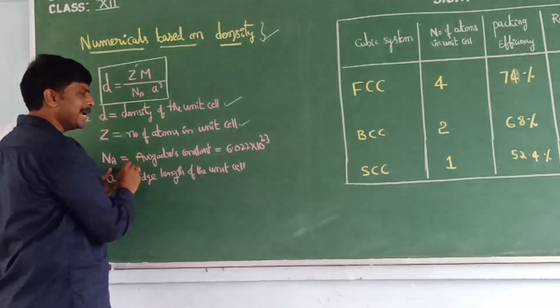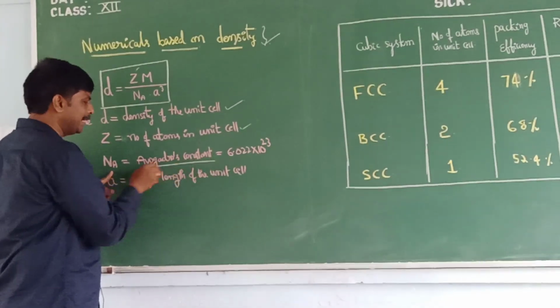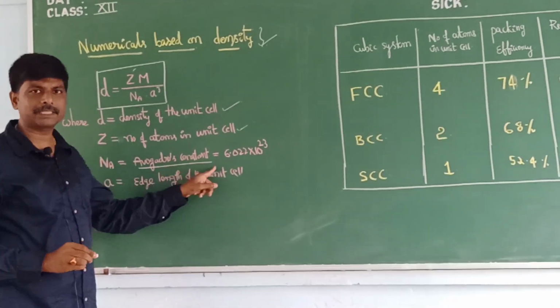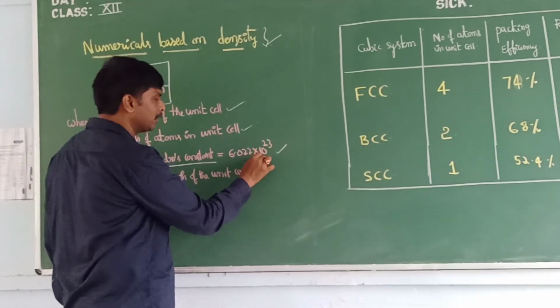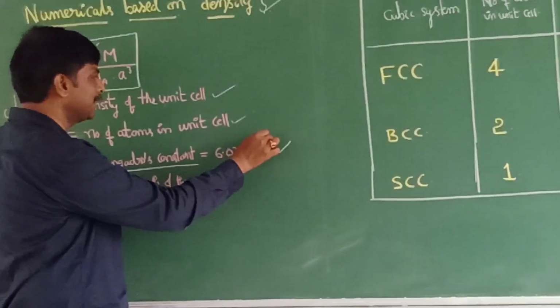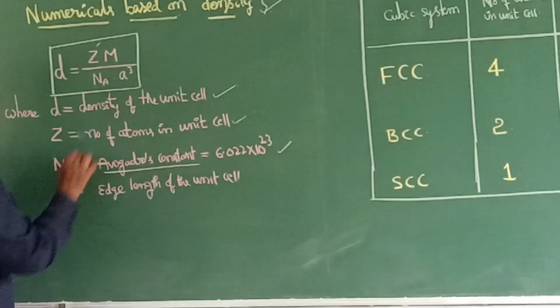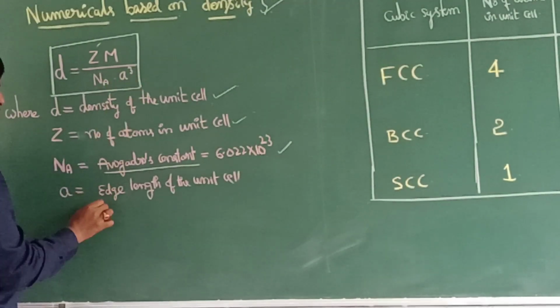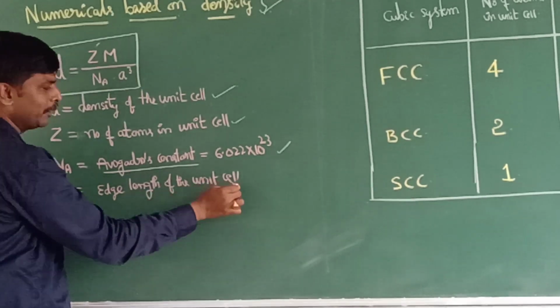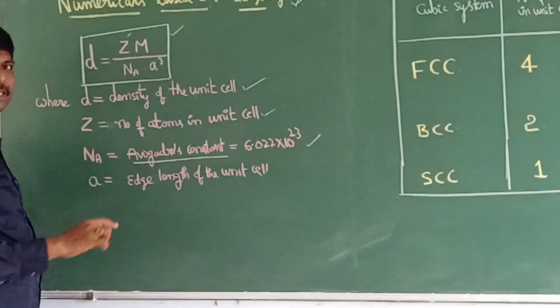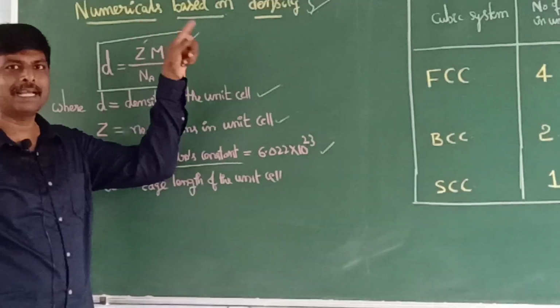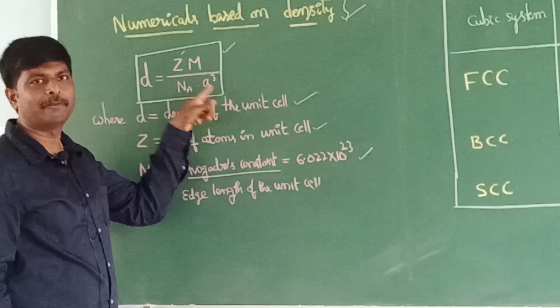And the next, Na is fixed. Already you know Na, Avogadro's constant. Its value is 6.022 into 10 to the power of 23. What is one more quantity in this? A. A is the edge length of the unit cell. So in this formula there are 5 quantities. D is equal to ZM by Na into a cube.